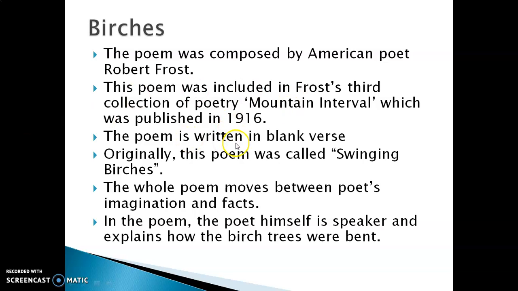So Robert Frost is regarded one of the most remarkable poets in 20th century also. And there was third collection of poetry. So remember this name of this collection of poetry, Mountain Interval, in which this poem was published in 1916.